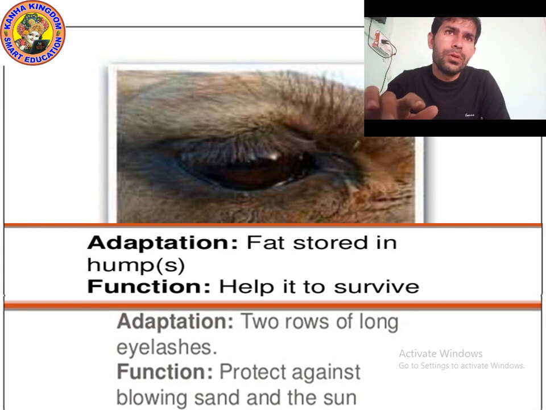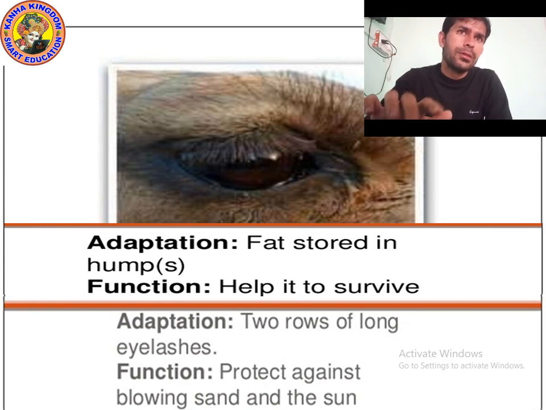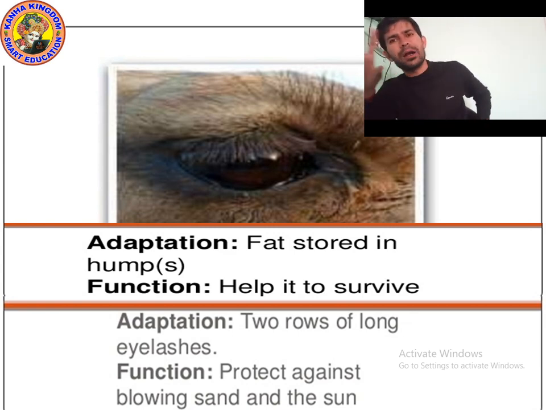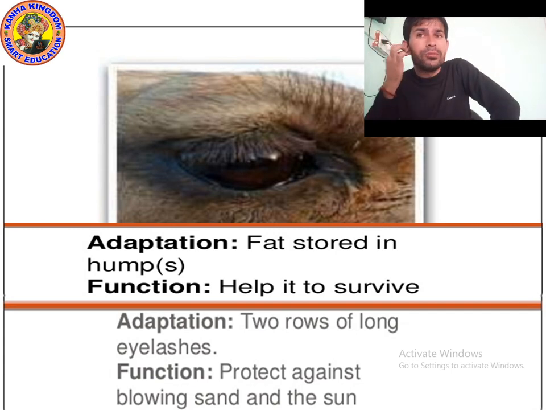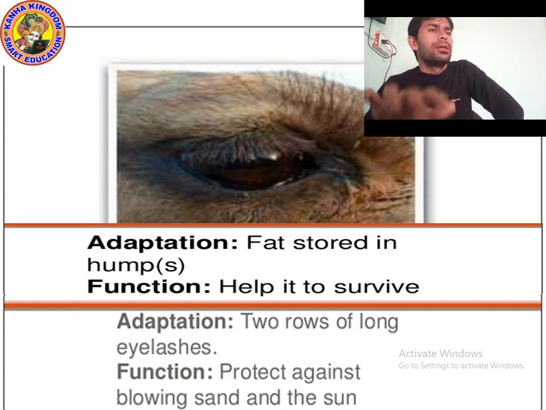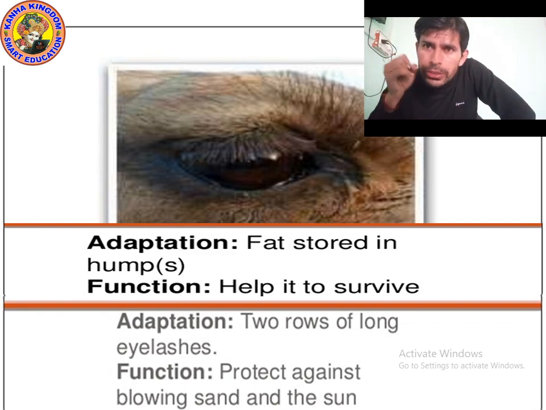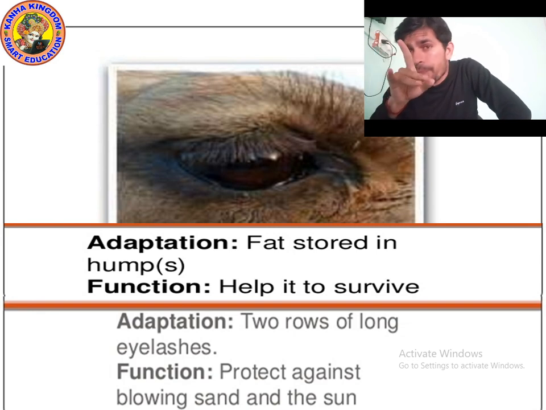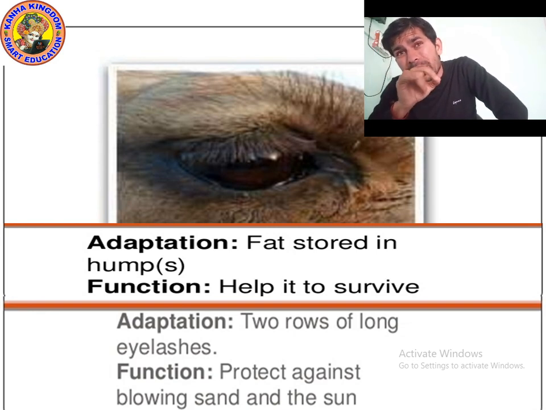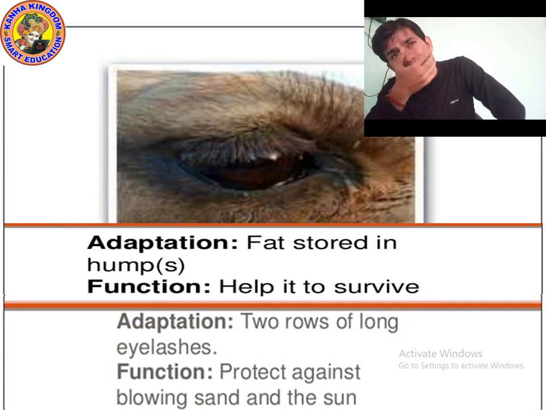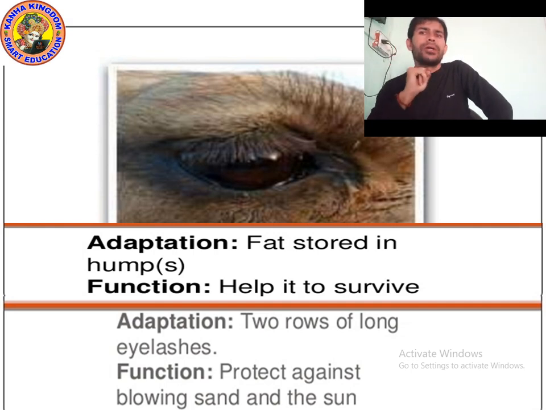We also studied about habitat. What is habitat? The surrounding where an organism lives is known as its habitat. There are two types of components of habitat: biotic components and abiotic components.